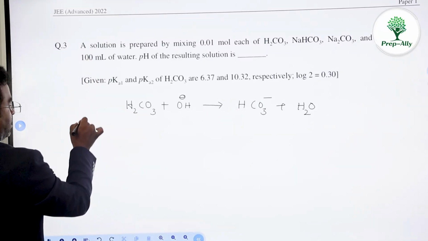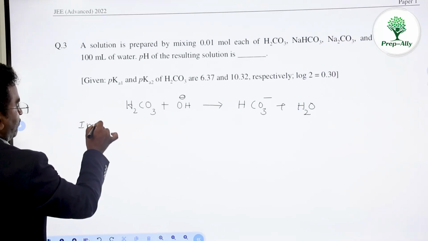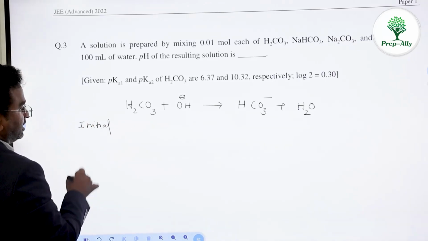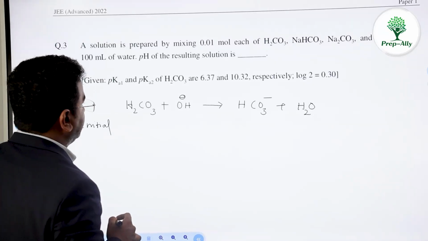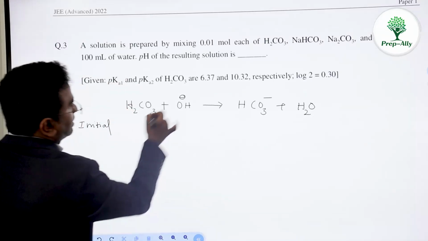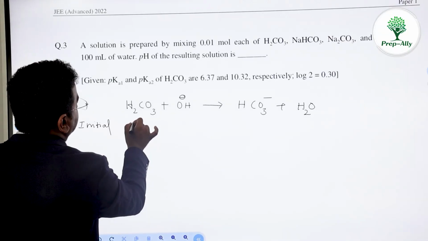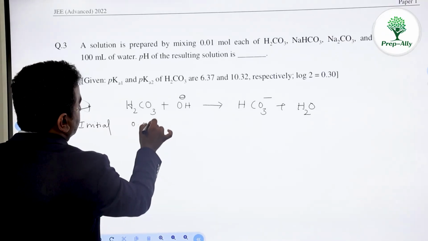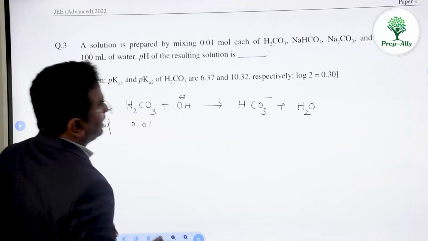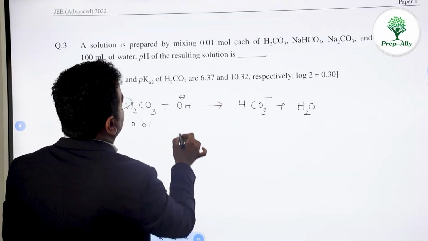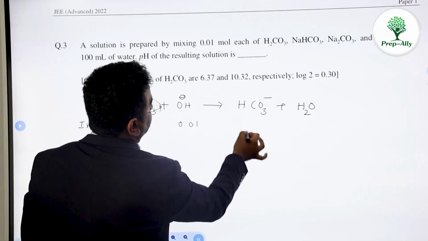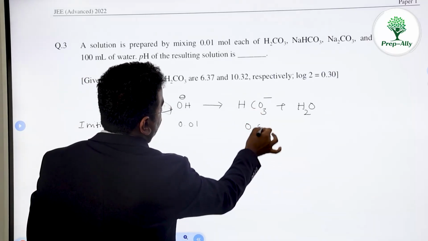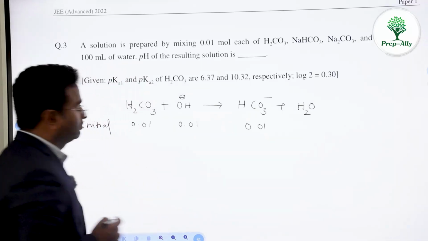Now the initial number of moles, or initial milliequivalents, we can take, either is fine. So we take 0.01 moles of H2CO3, 0.01 mole of NaOH, and for HCO3- you already have 0.01 mole.